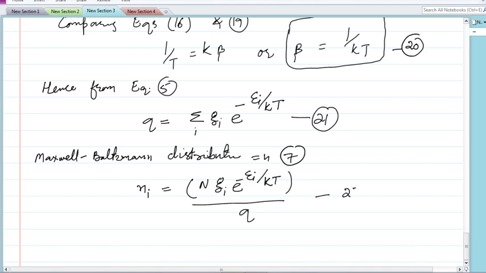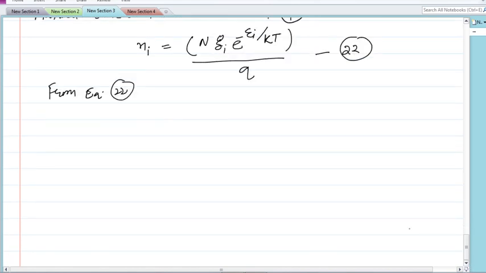So this is equation number 22. From equation 22 we can easily obtain the ratio of populations basically.